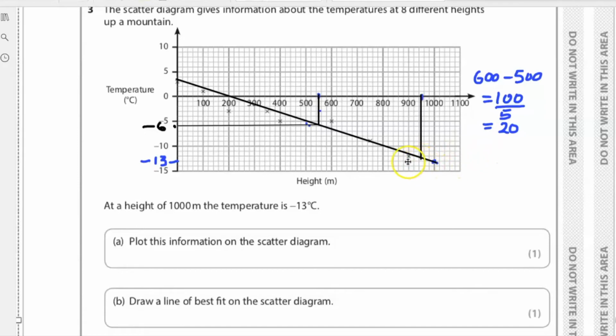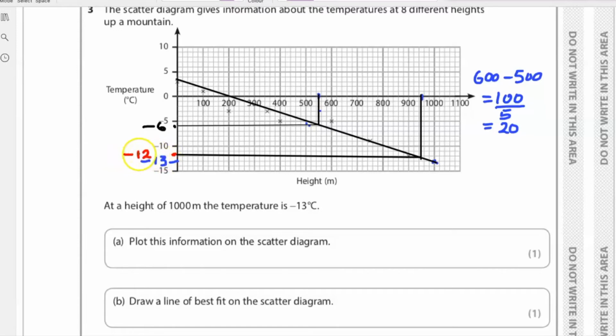Then I'll trace it across to find what the temperature is. So I've drawn the line from this point to the temperature. The temperature here is minus 12. So now we need to find the difference between minus 12 and minus 6.